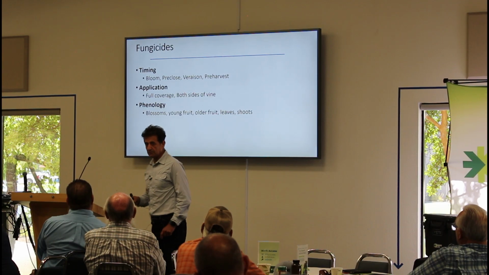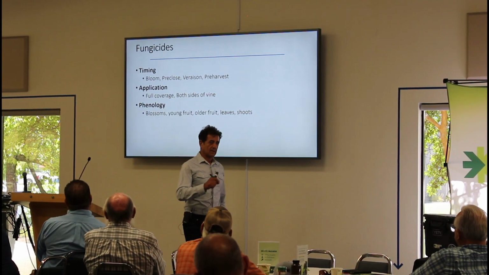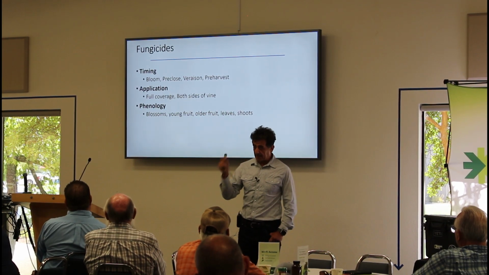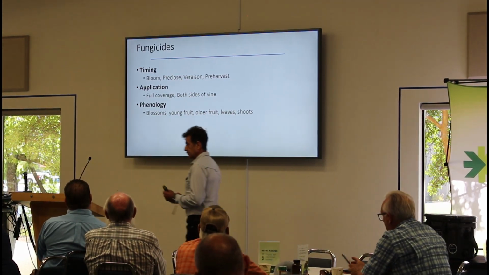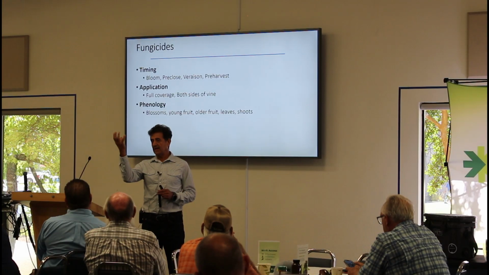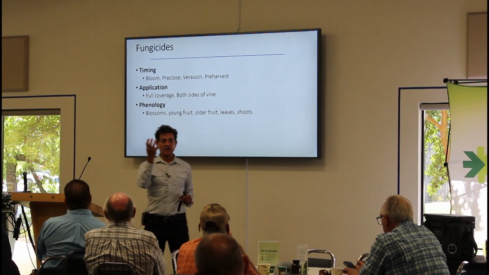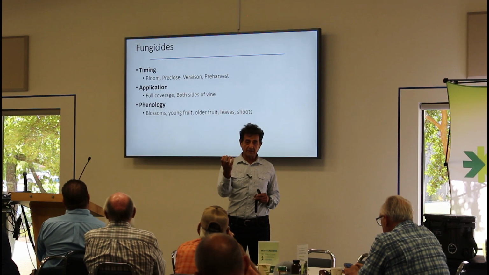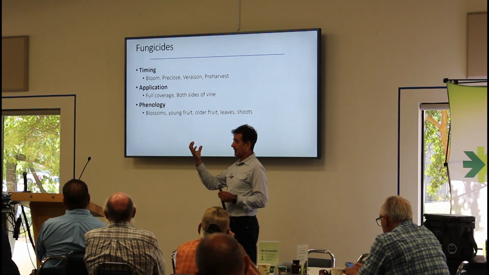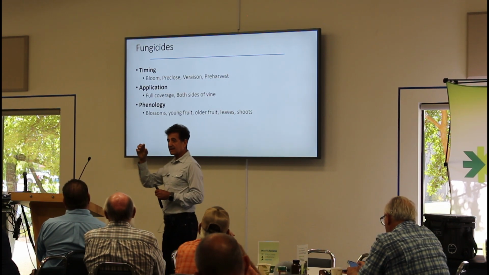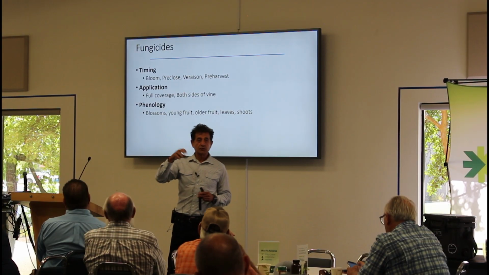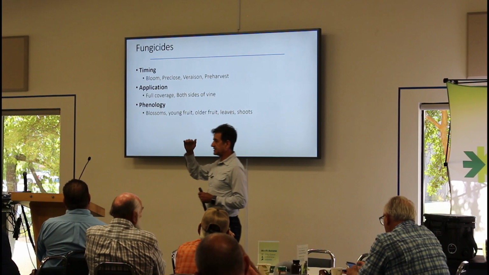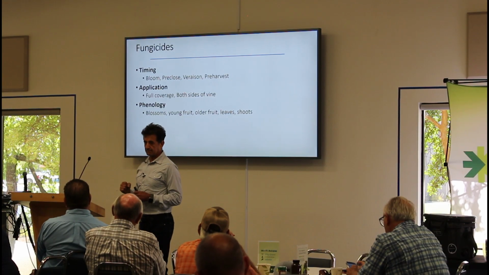Why is it the bloom time? Because botrytis spores are so small and available everywhere, during the bloom time they can land on the fruit, flower, stigma, and then act like a pollen, germinate, get into the pollen tube, and then stay there and wait.